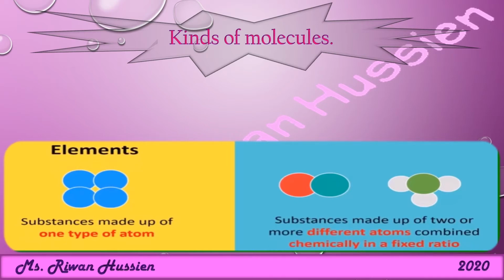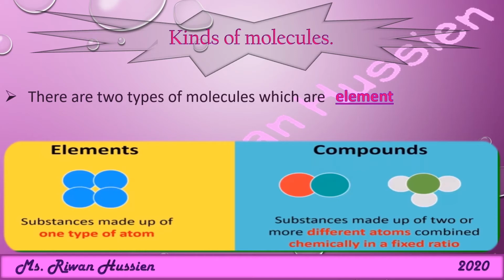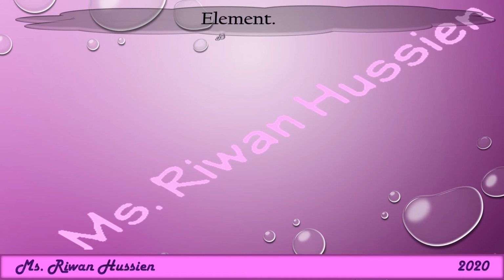On the other hand, substances that are made up of two or more different atoms combined chemically with a fixed ratio are called compounds. So, there are two types of molecules, which are element and compound. Let's learn more about these today. Let me start first with element.